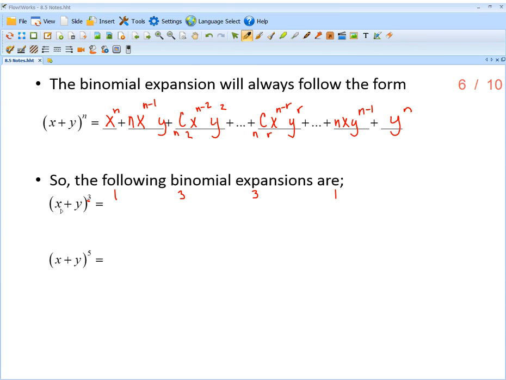Then the x is going to be x to the third, and it decreases: x to the second, x to the first, and no x. The y's increase: no y, y to the first, y to the second, y to the third. So your whole expansion of this is just x cubed plus 3x squared y plus 3xy squared plus y cubed.